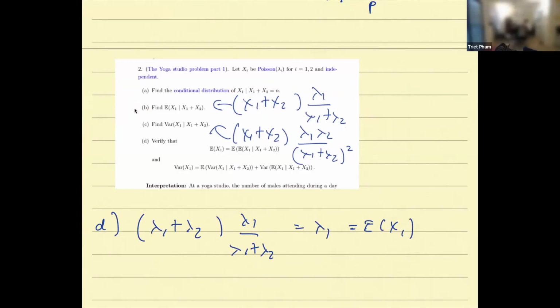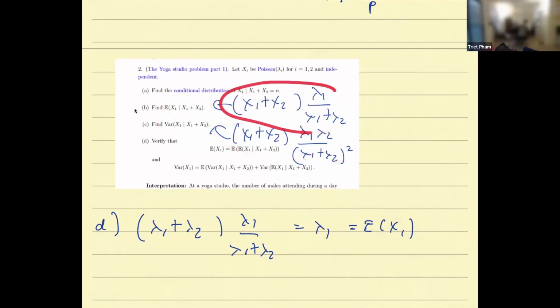Now the variance formula is much more complex. Well, not much more, but more complex. We need two parts. The first part is the variance of this, and the second part is the expectation of this. Variance of conditional expectation and expectation of conditional variance.